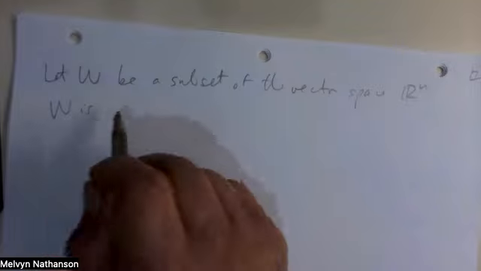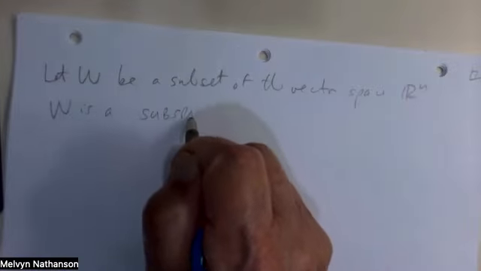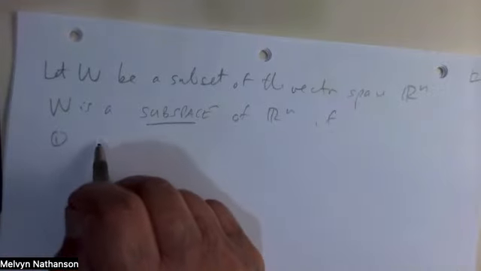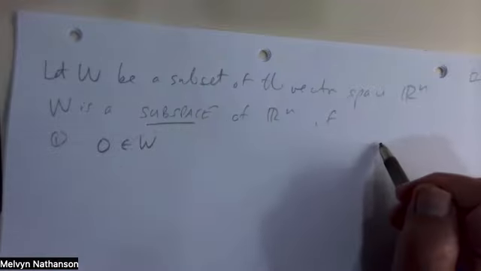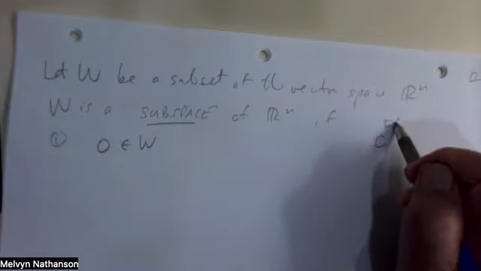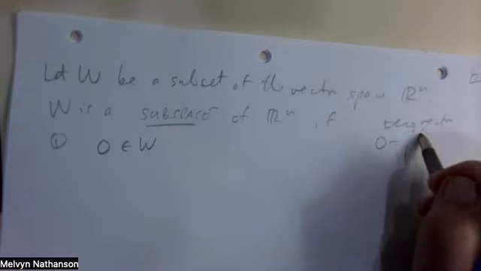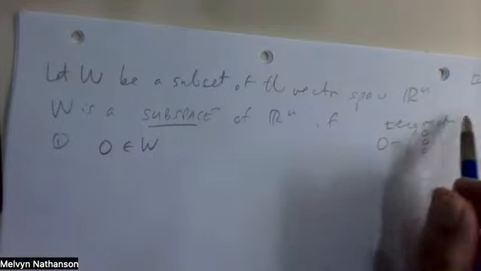So W is what is called a subspace of Rn if it satisfies the following three conditions. First, 0 is in W, and 0 is the zero vector. The zero vector is the n-dimensional vector whose coordinates are all 0.